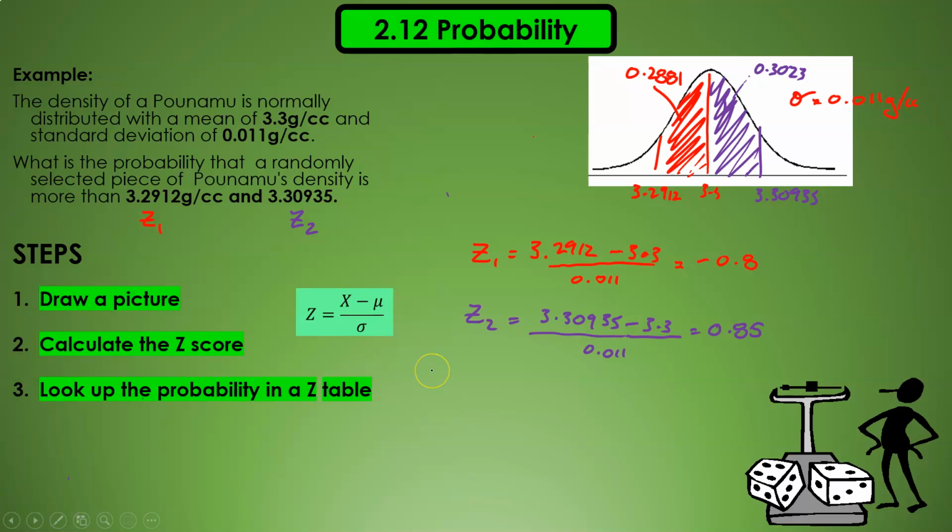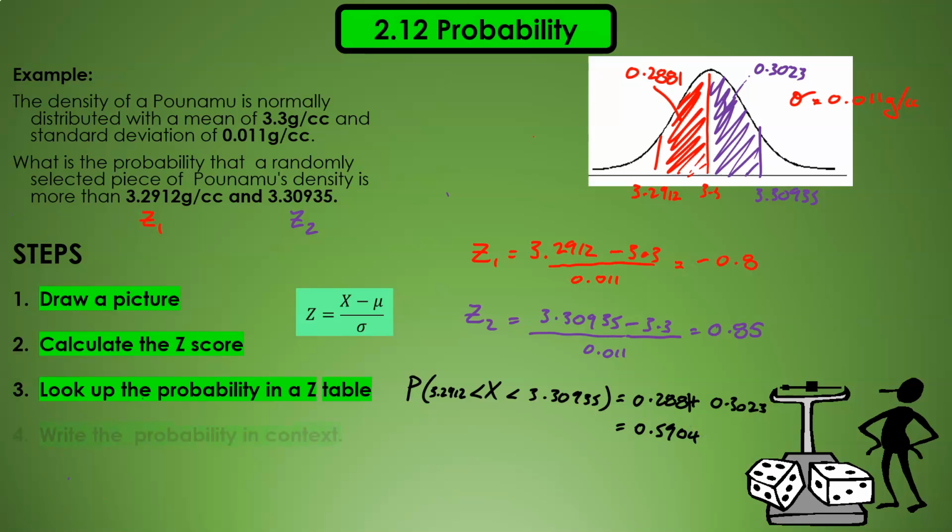So now that we have the probabilities, we can work out the probability that x is greater than 3.2912 and less than 3.30935, which is equal to our left-hand side probability 0.2881 plus 0.3023, which adds together to make 0.5904.